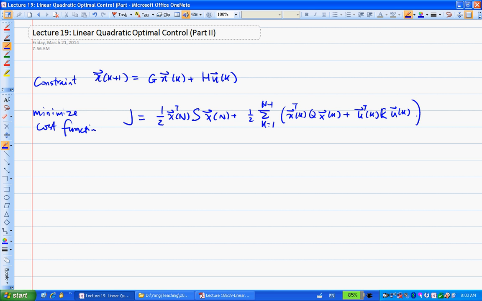Okay, and what we did is a little simplification. Basically, we combined the terms together, assuming that S and Q are the same. And we use a Lagrange multiplier.